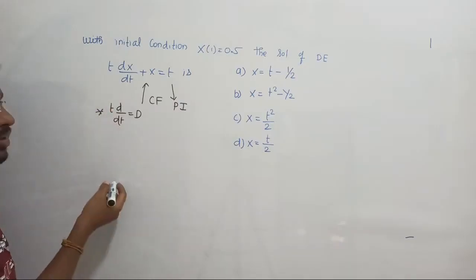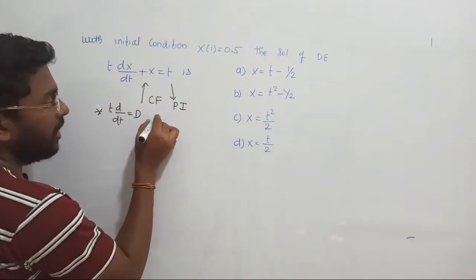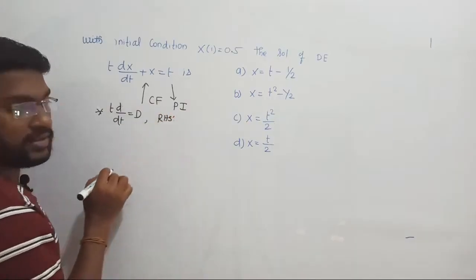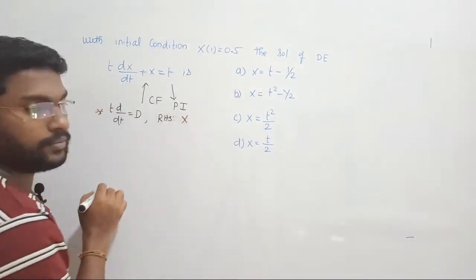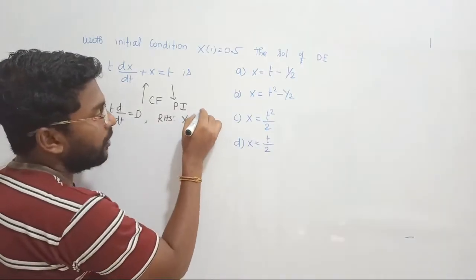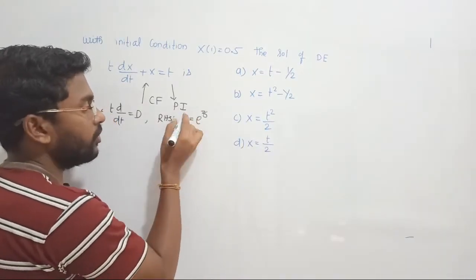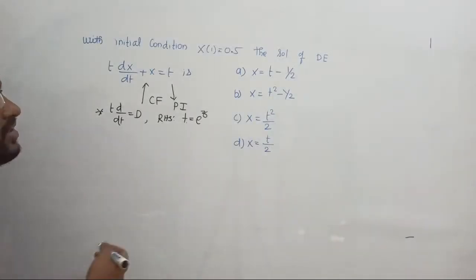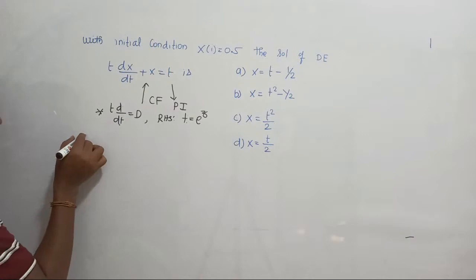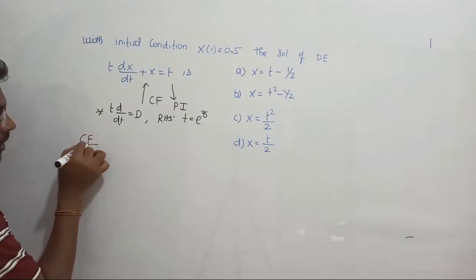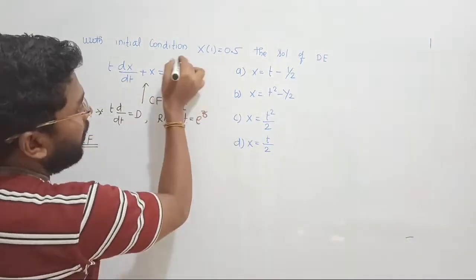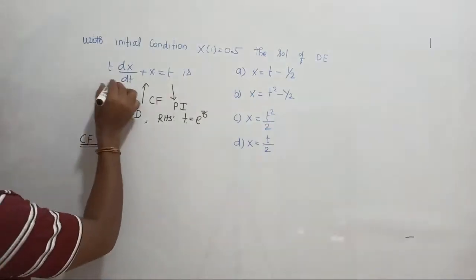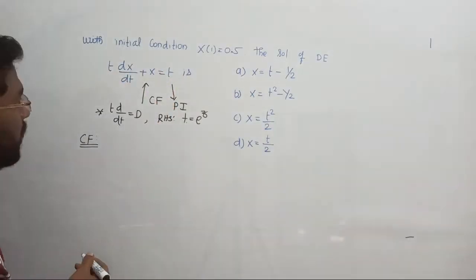At the same time, in the RHS, the other work is, earlier I was considering x and said replace x equal to e power z, but now I have t, so replace t by e power z. That is what you have to do on the RHS while finding the solution. Anyway, while finding the complementary function, I need not panic about the RHS because our target is LHS. Let's try, right?